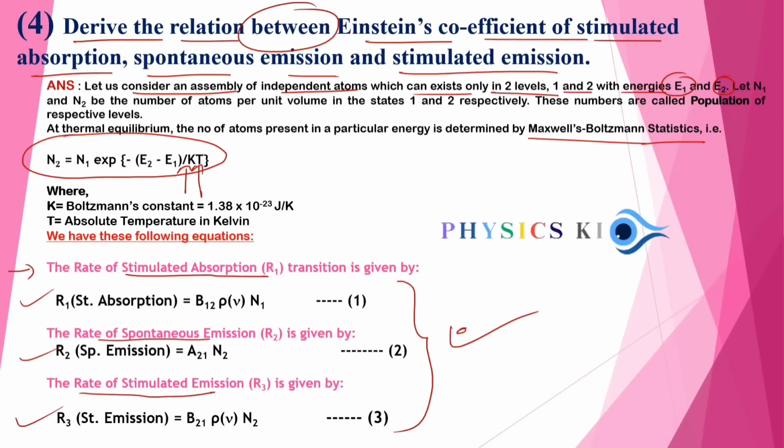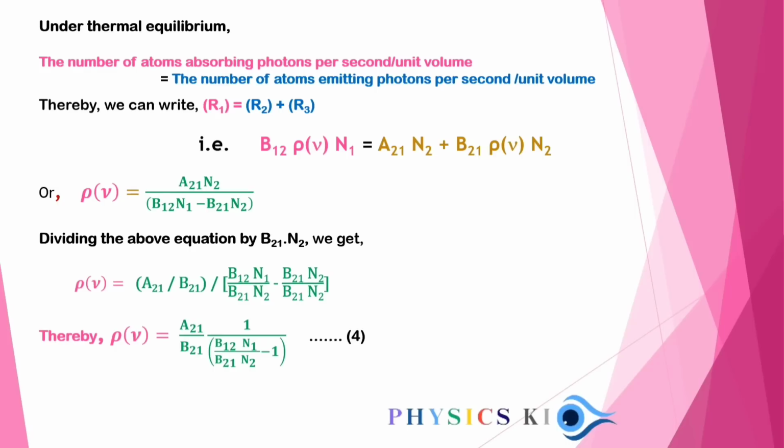How to derive it? First of all, write down that under thermal equilibrium, the number of atoms absorbing photons per second is equal to the number of atoms emitting photons per second. So the absorption rate R1 is equal to R2 plus R3, because R2 is spontaneous and the second one, R3, is stimulated.